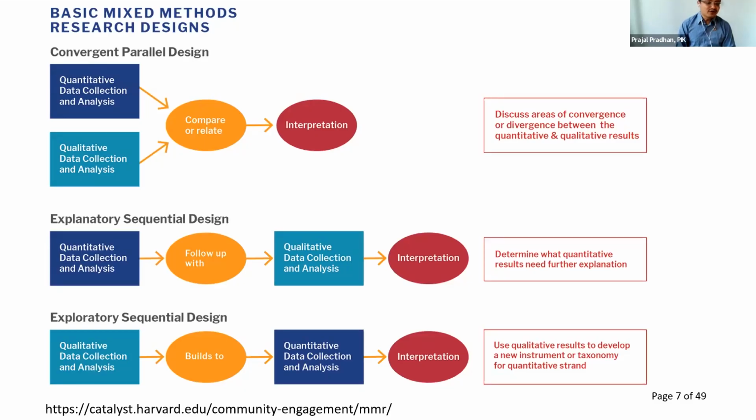We can also use a qualitative method first and then a quantitative method for further analysis, or quantitative first and then qualitative. So in terms of sequence, we can change the order of these methods and apply them.